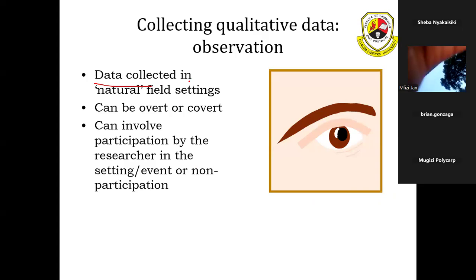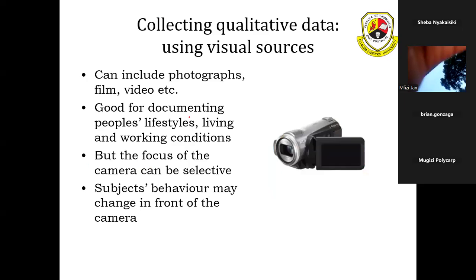Maybe you participate in their meetings and there are things that you observe that you didn't necessarily decide to find out about. Then there is participation in a particular event or setting. This is also one way you can do covert or overt observation. You can do photographs or videos. That can also be a good way to collect data.